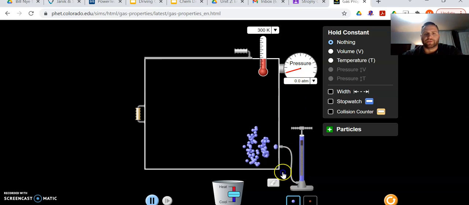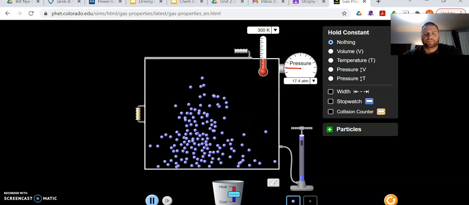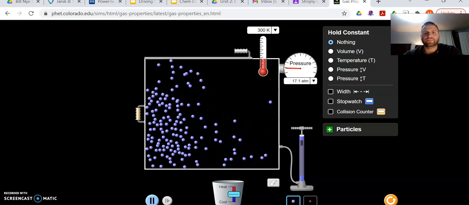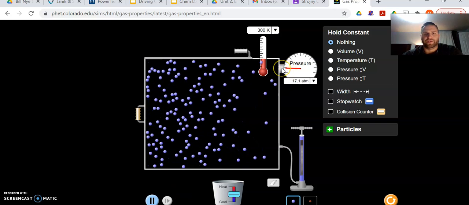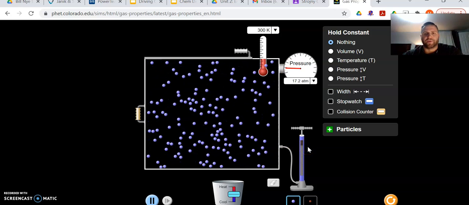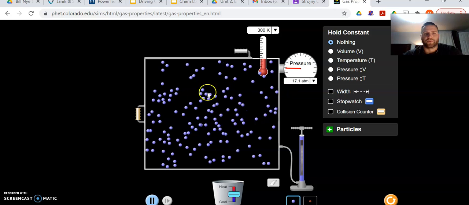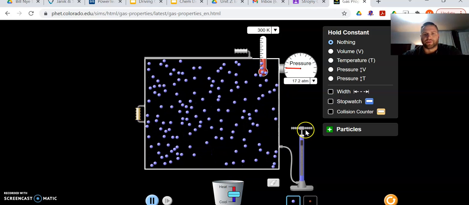Let's add some particles here like this. We'll let them spread out. What you want to do is eyeball this pressure gauge, and the only thing that we need to do to mimic this experiment is add more particles. We're not going to manipulate the size of the box nor the temperature.